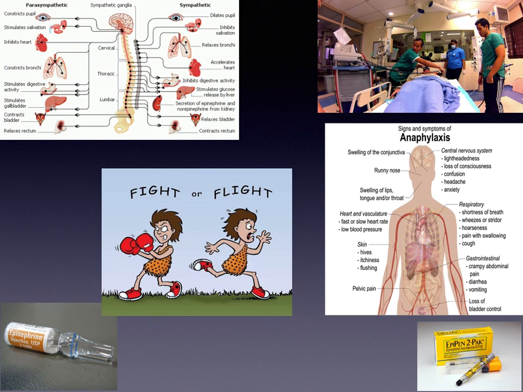As far as VT or VFib, we give 1 milligram IV every 3 to 5 minutes, and we can go up to about 5 milligrams, and that can be given through the ET tube. What that would do is increase our heart rate, our inotropy or contractility, and our SVR.